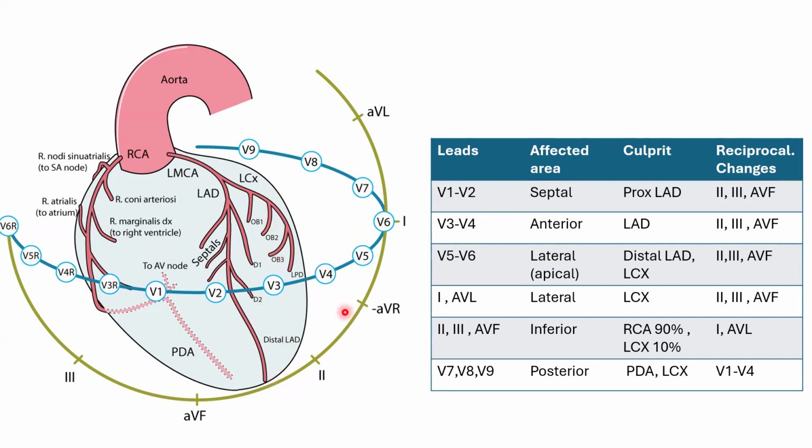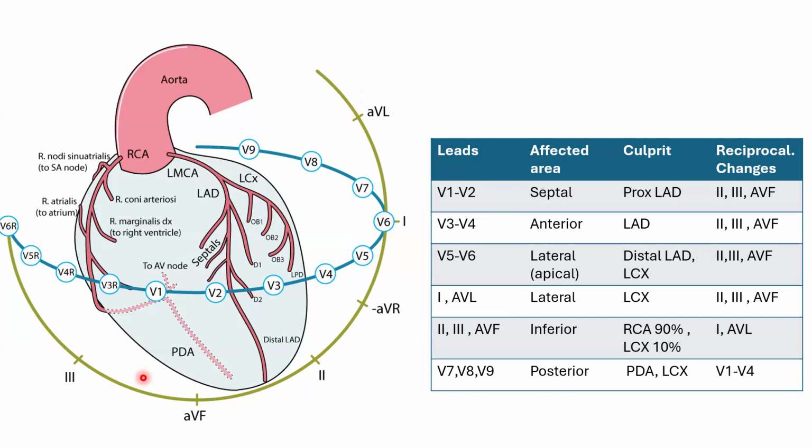We have lead 1 and AVL, which is the lateral area of the heart, and the culprit artery is the LCX. We have lead 2, 3, and AVF, which correspond to the inferior area of the heart. And of course, the culprit artery here will be 90% of the time the right coronary artery, and 10% of the time it could be the LCX.